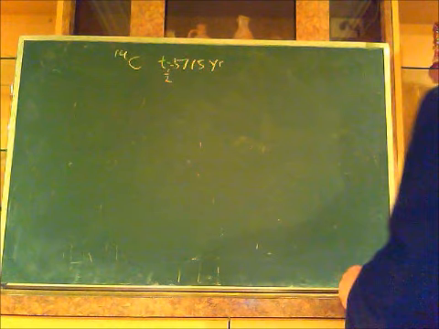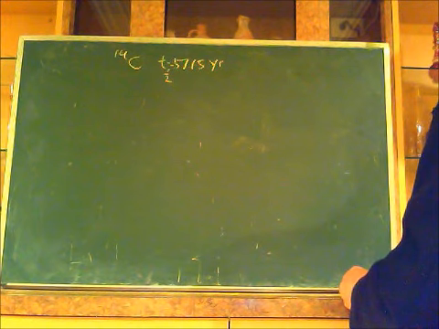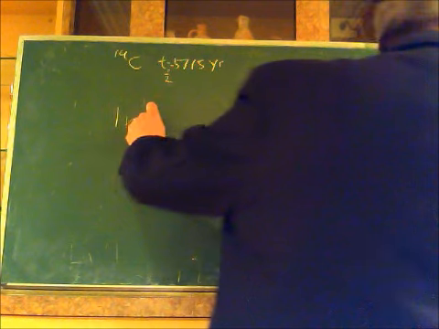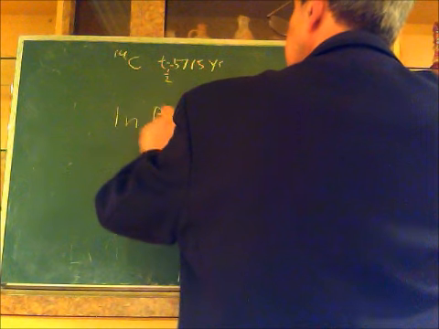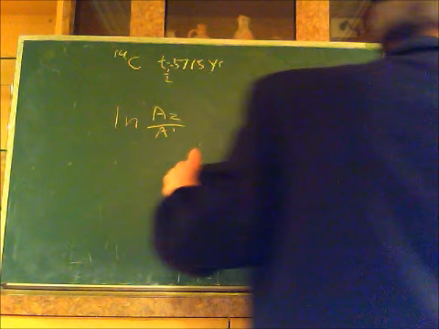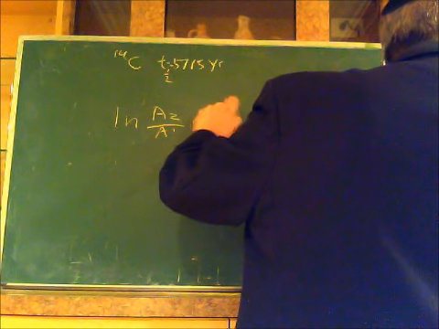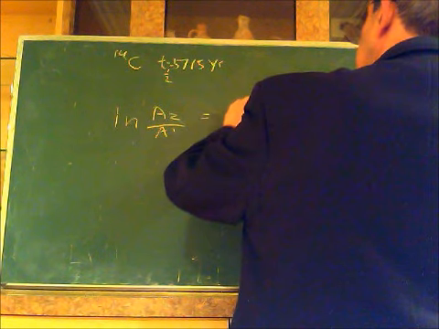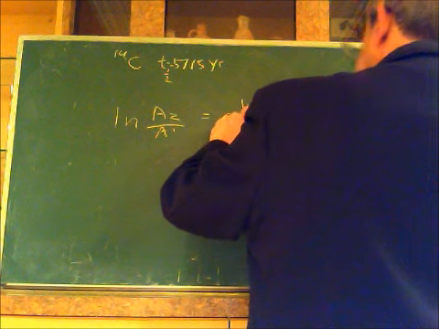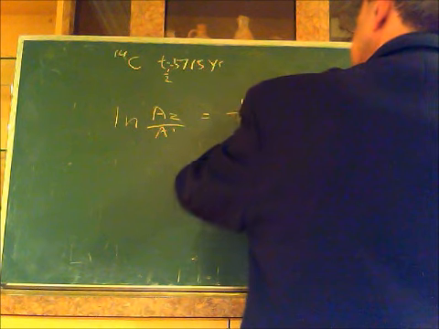So if you look at the equations on page 23, we're using our original equation, which is ln of A2 over A1 equals minus ln of 2 divided by the half-life times t.